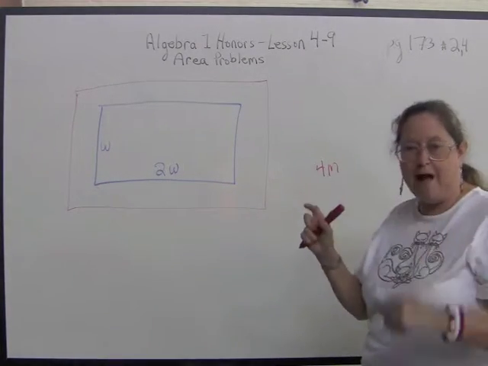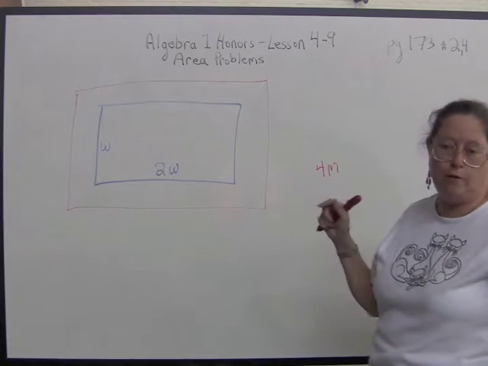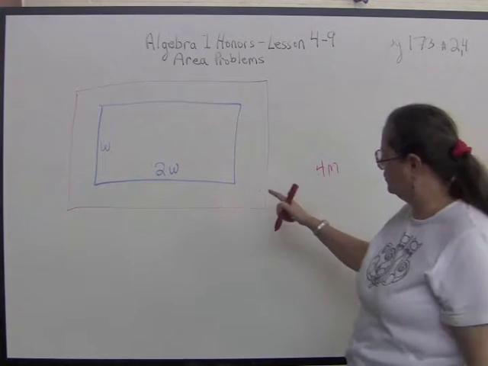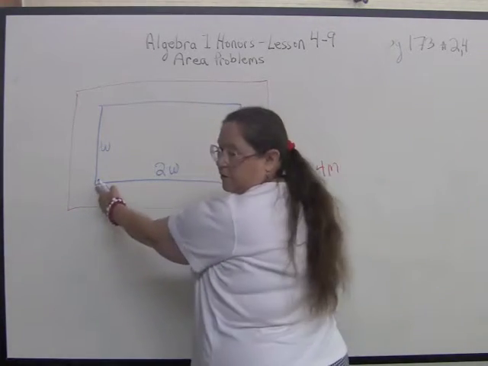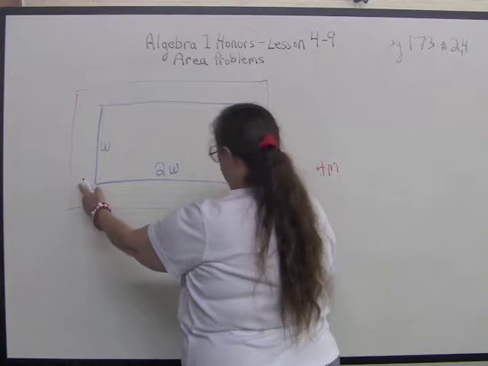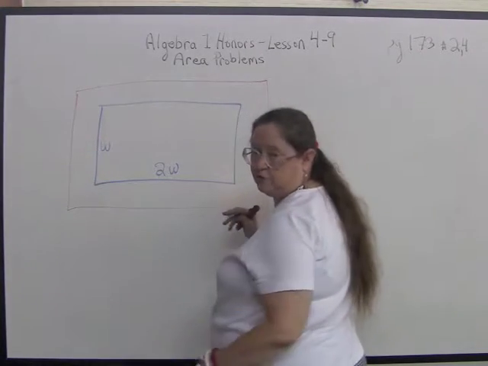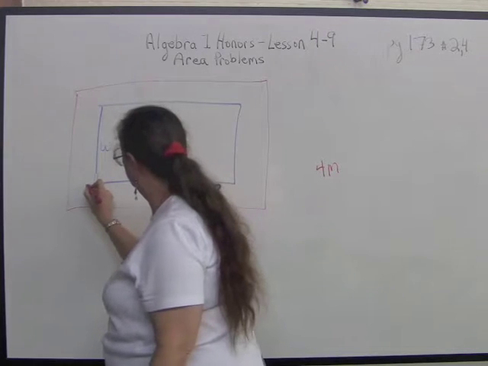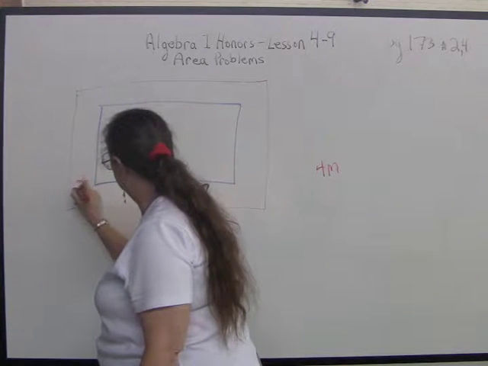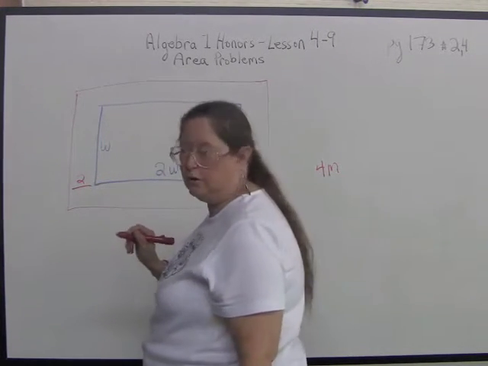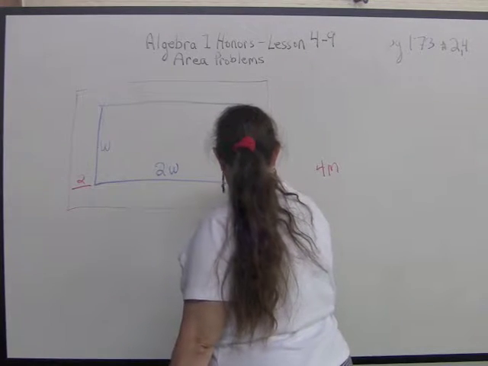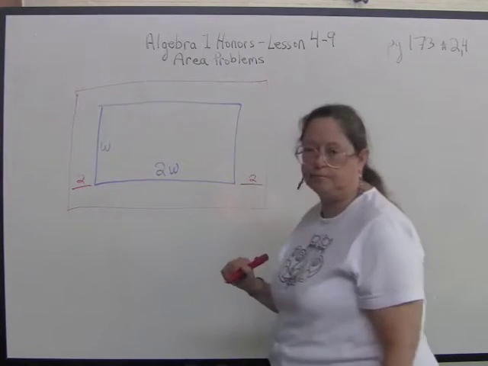Now, to keep it balanced so that it's got a nice even border, if I increase this length here by 4 meters, to keep it symmetric, that means that I'm going to put 2 meters here and 2 meters here.